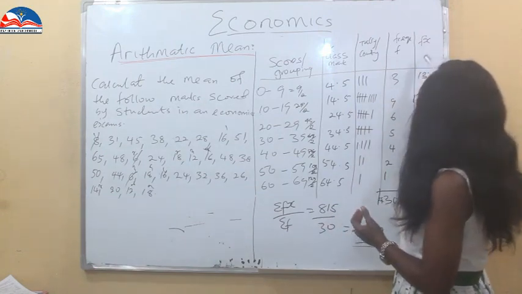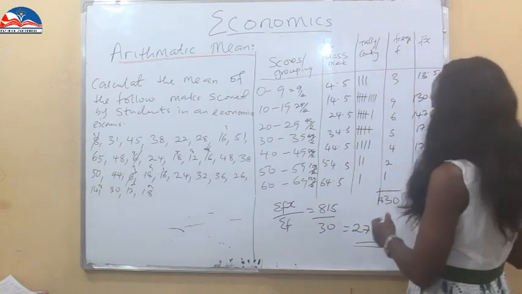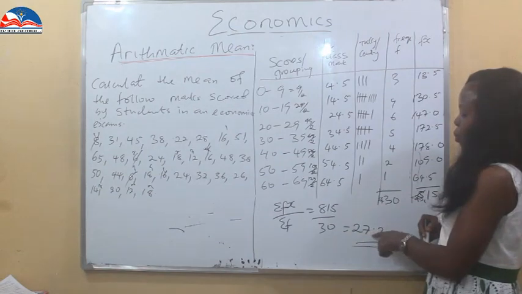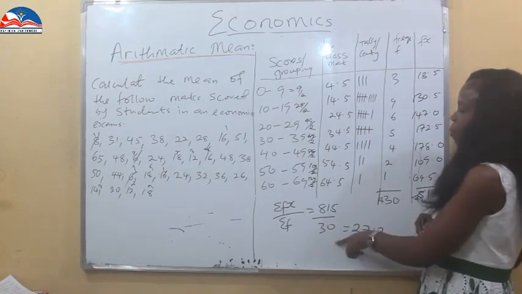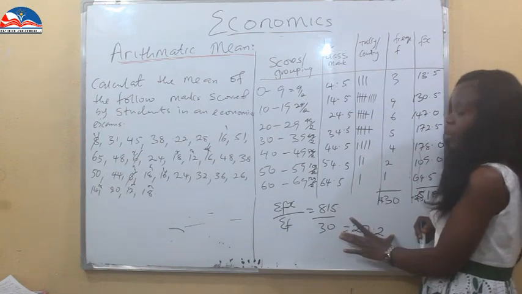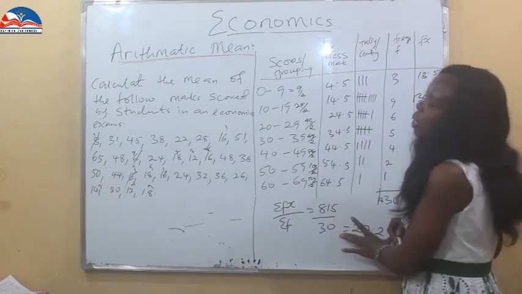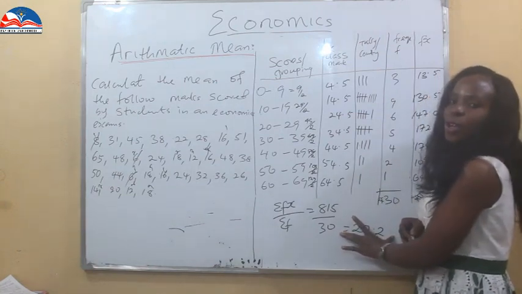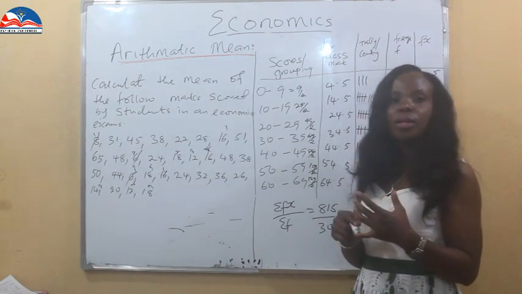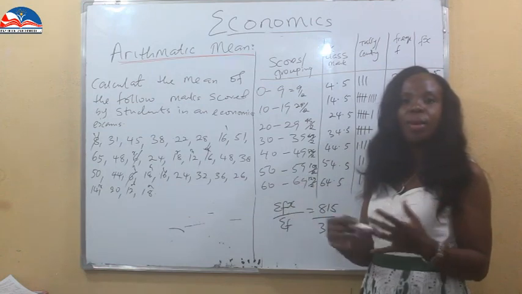So we have the sigma fx to be 815 divided by 30, we have 27.2. So the mean, which is the average for the whole of this class boundary, is within the range of 27.2.